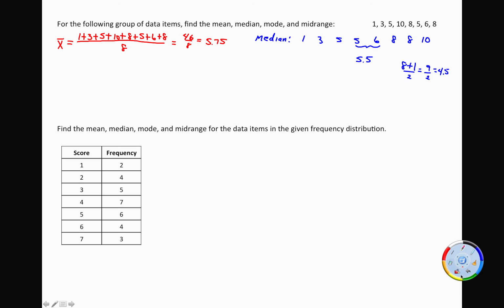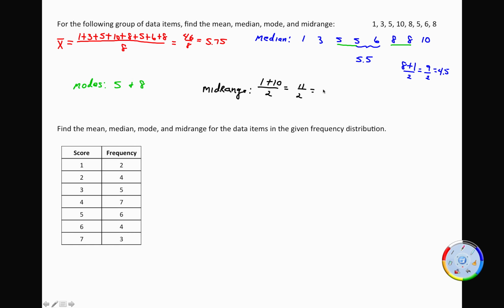That's the median. The mode, I simply notice that I have 2 5s and 2 8s. So the modes, this time I have 2 modes. This set of data we would say is bimodal, or 5 and 8. And the mid-range is found by adding the smallest and largest and dividing by 2.